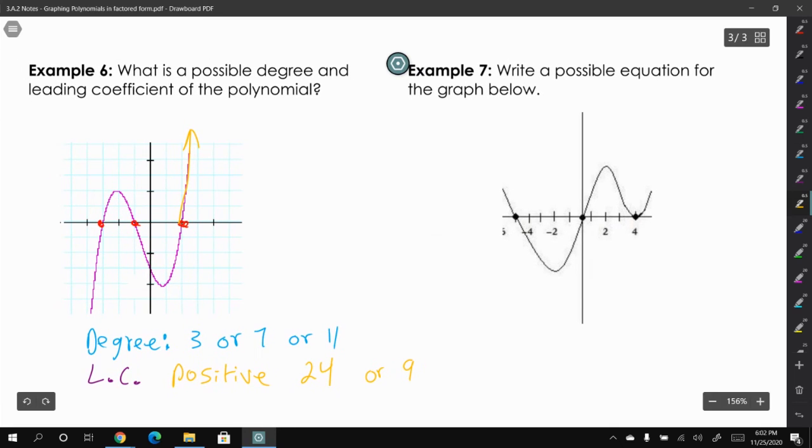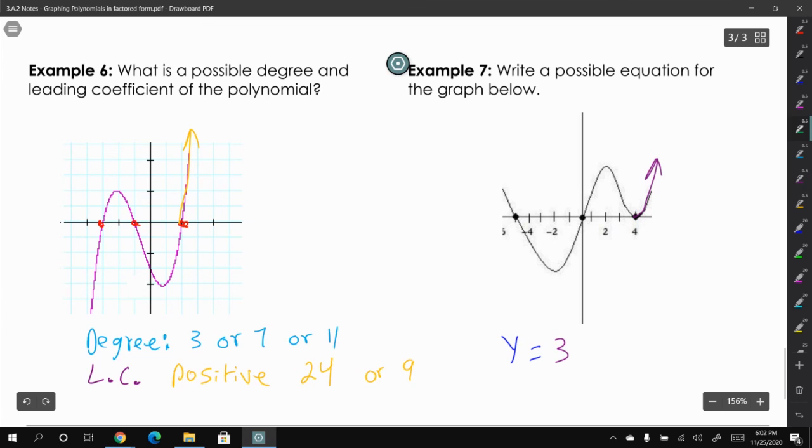Example 7, write a possible equation for the graph below. So again, you're writing a possible equation. There's more than one right answer. So when I do these, I always look at the leading coefficient, and I look at the right side. That tells me if the leading coefficient is positive or negative. Because the right side goes up, it is positive. So any positive number could be our leading coefficient.